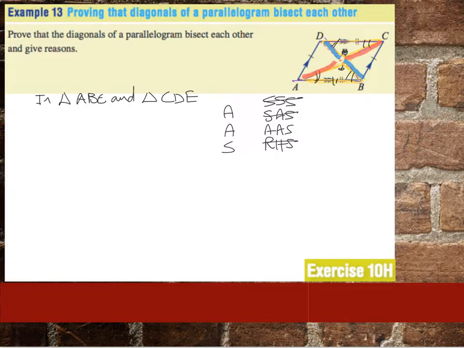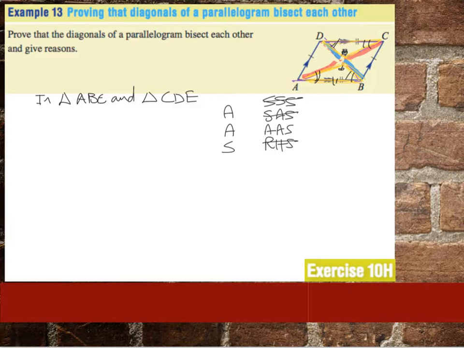Okay, so what I'm going to do is prove two angles are the same. Because I have put this and this in order, and I know A and C is the same, I'm just going to prove those two angles the same. So I'm going to say A equals C, and the reason for that is it is alternate angles.